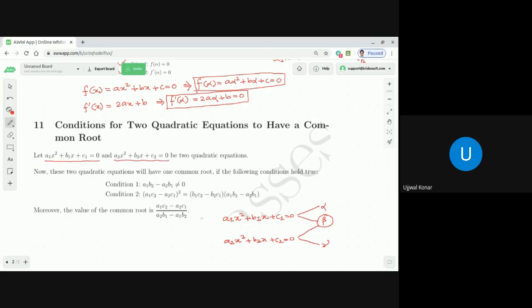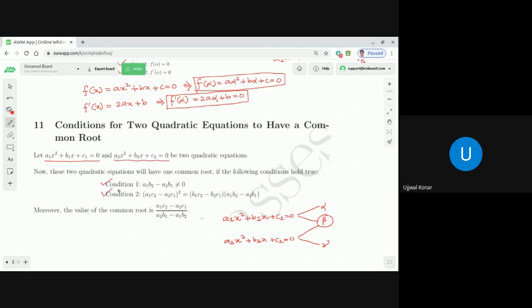Now, under what conditions does this have to be satisfied? Condition 1 is that a1b2 − a2b1 has to be not equal to 0. And the second one is that (a1c2 − a2c1)² is equal to (b1c2 − b2c1)(a1b2 − a2b1).